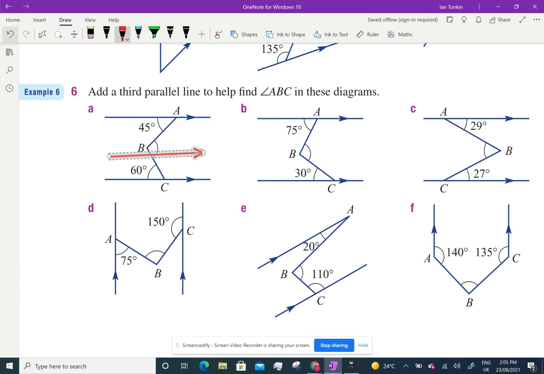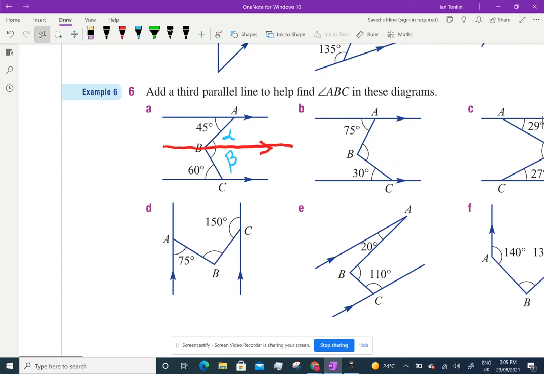I'll say that's parallel. I'm going to call that alpha and beta. They're just Greek letters.